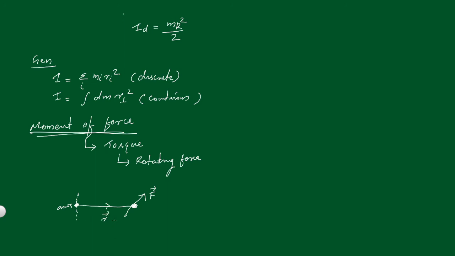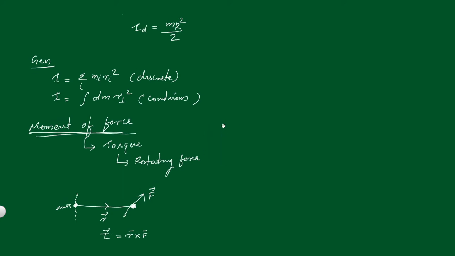Then the rotating force acting on the axis will be tau is equal to R cross F. So moment of force, torque, is a vector quantity. Force is a vector quantity and R is also a vector quantity, so this is a vector quantity.